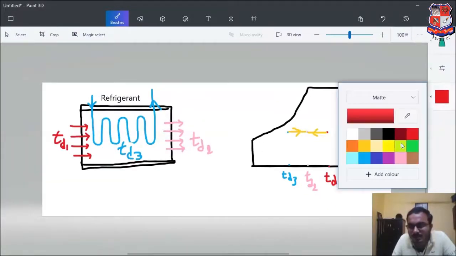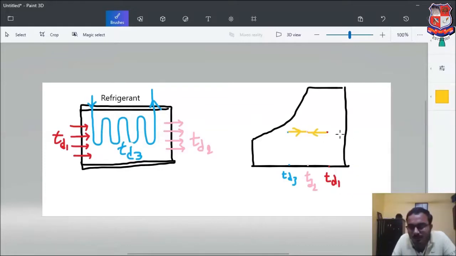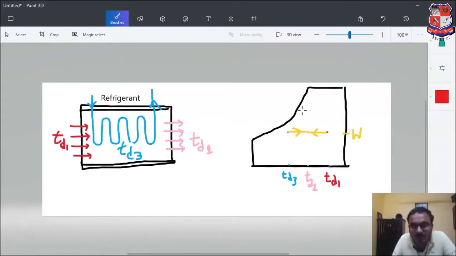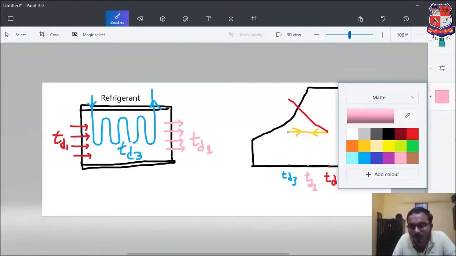Okay, during this entire process, this W, the specific humidity, is remaining constant, and the enthalpies are shown in this way.